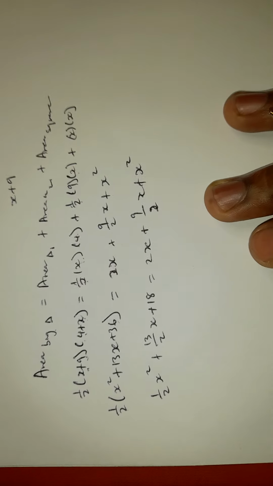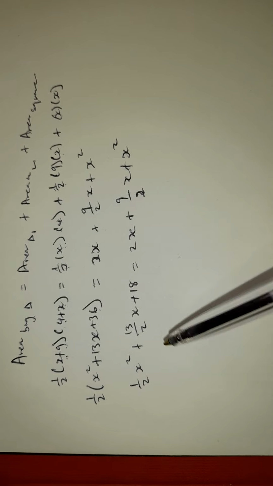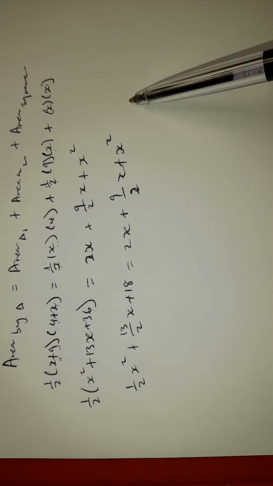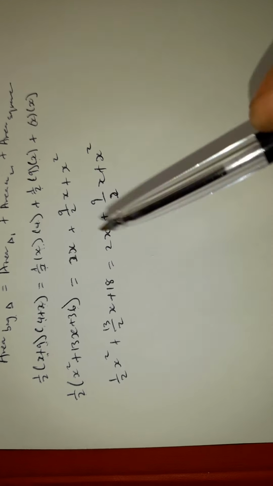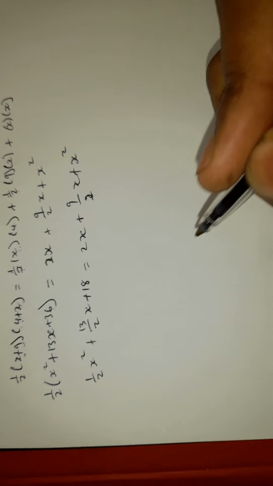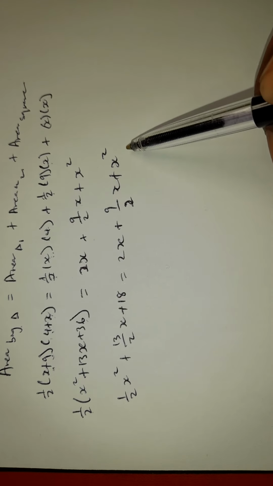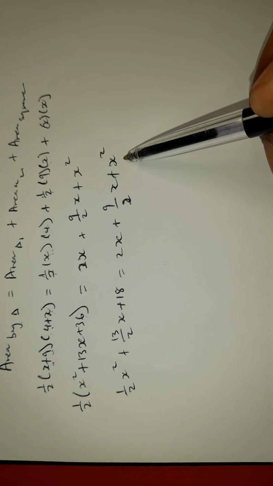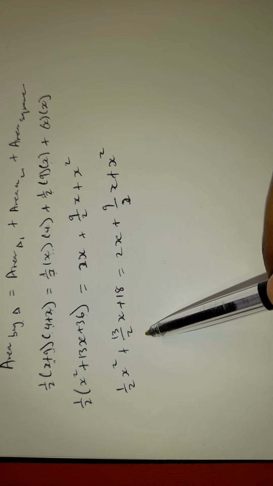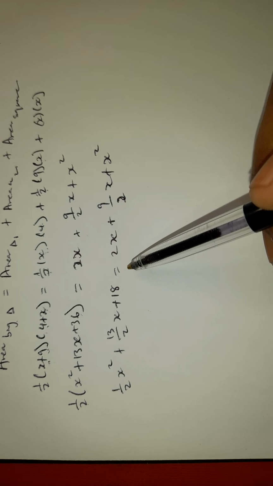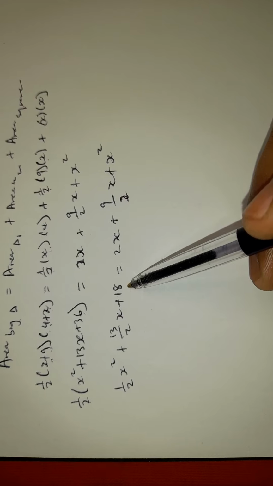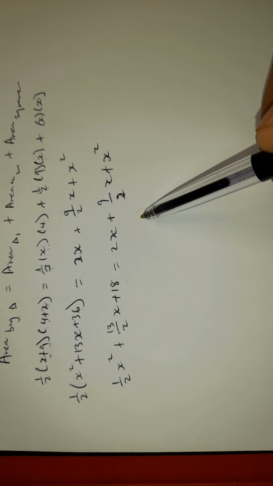And then from here, what we are trying to do is to solve for x, because you can see that the only variable we have is x, right? So how are we going to do that? We ensure that everything that has x goes to the left-hand side. The only thing that doesn't have x is this one, right? So this 18, we take it to that side.